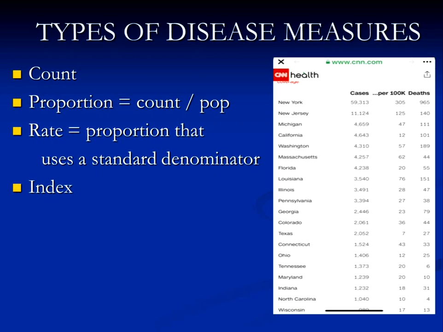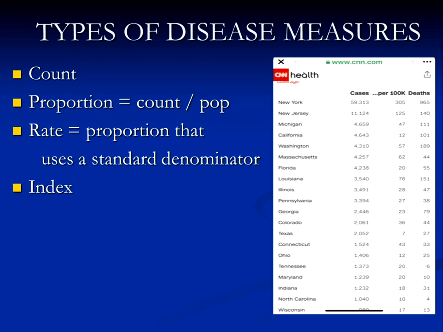Something that is probably the most useful, specifically in terms of oral health diseases, is an index. It provides a lot more information, such as disease severity. A count, a proportion, and a rate just tell you how much of that disease or condition is out in the community, but an index can tell us the severity of that disease or condition.